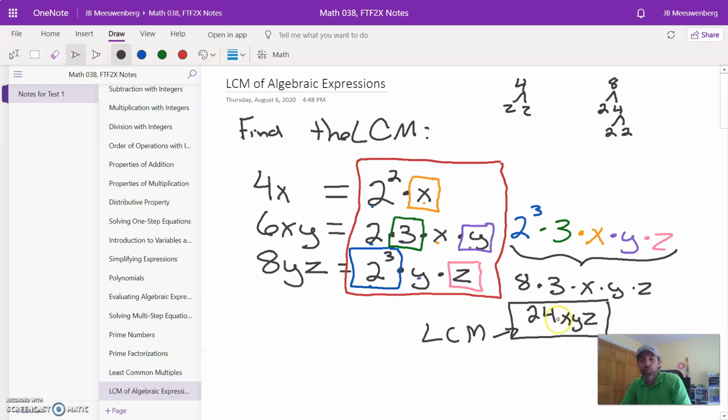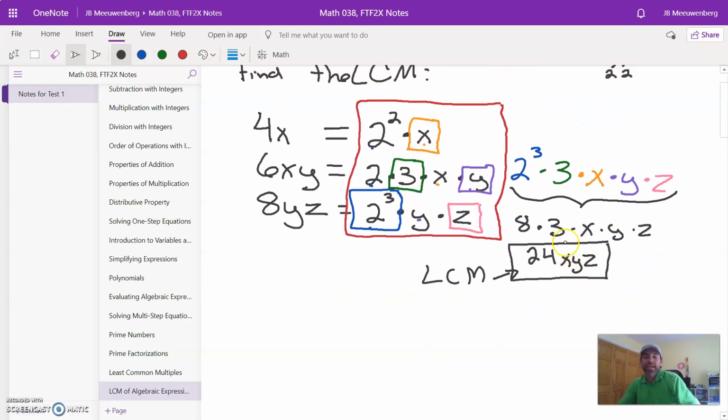This term here, 24xyz, is divisible by 4x, it's divisible by 6xy, and it's divisible by 8yz. No matter what x, y, and z are, if I gave you any numbers for x, y, z, remember we worked on evaluating things.